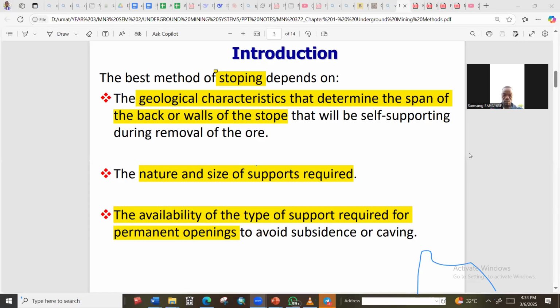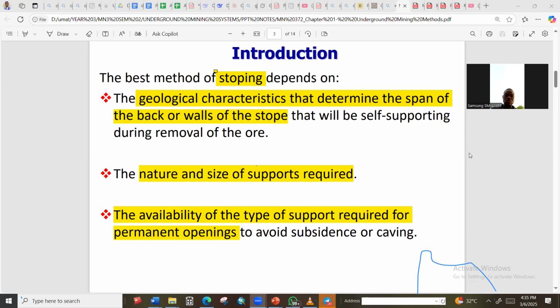So the third point is trying to let us understand that we should know the availability of the type of support. This type of support, is it common? Will I get it? It's not that I'll start today, I have my support system there, I will mine to the second level, and I'm not getting the material for the support. If you are doing this, it means that the second level is going to fail.